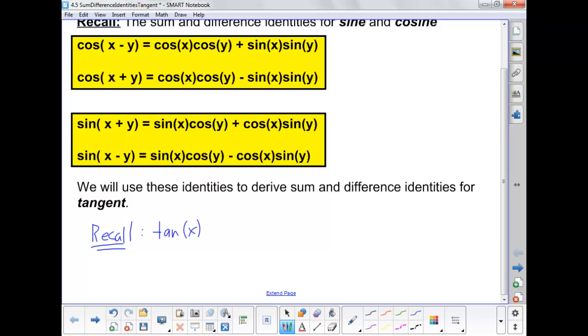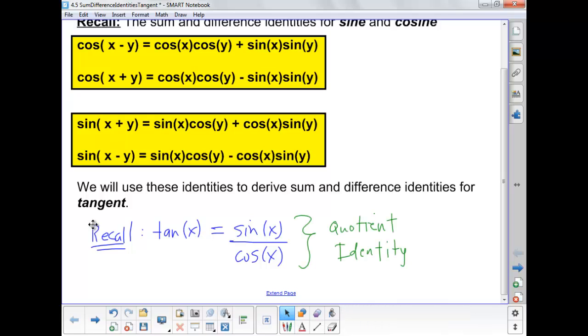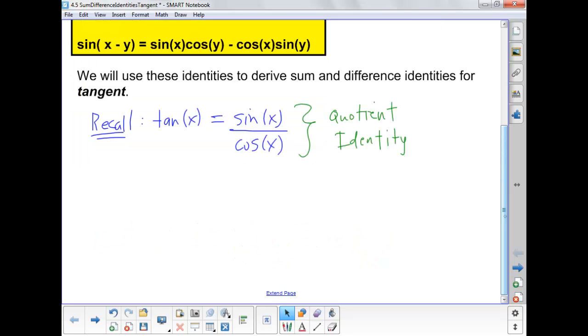We know from the quotient identity that tangent of x is simply sine of x over cos of x. If we're interested in coming up with sum and difference relationships for tangent, it should follow that if I'm adding or subtracting two angles, I should have a similar looking relationship.